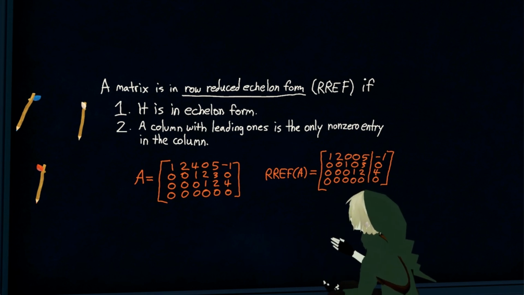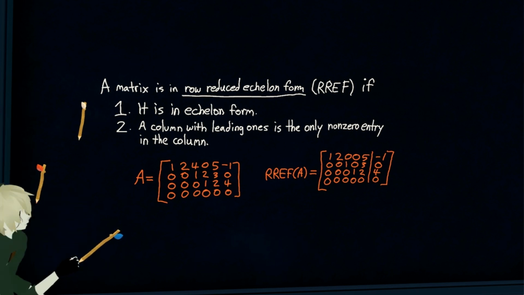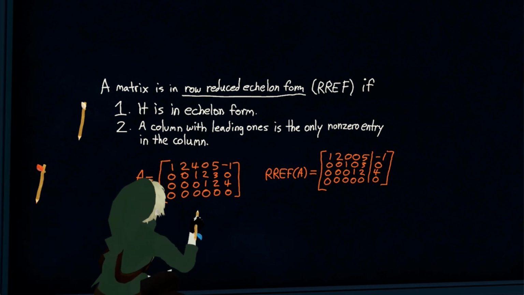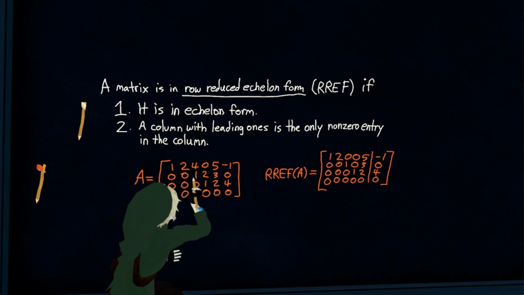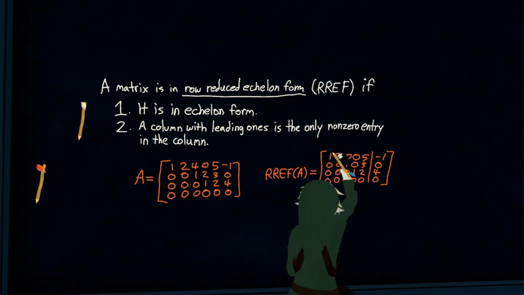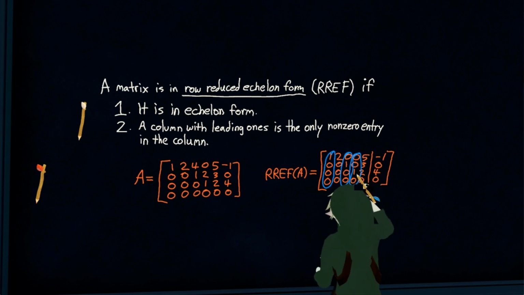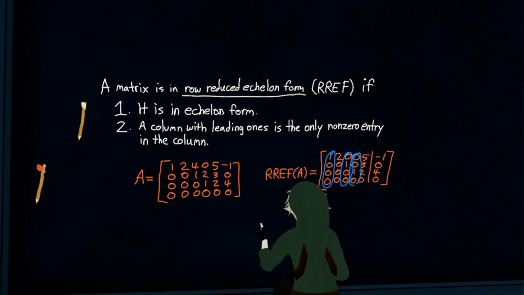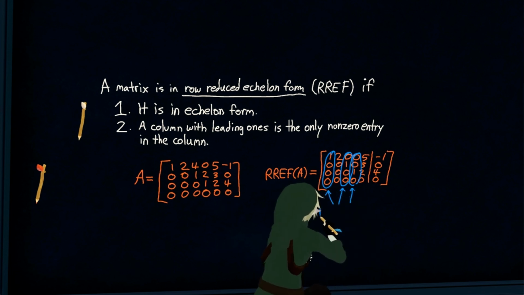Okay? In fact, we have a name for this as well. If you remember, this row starts with 1, this row starts with 1. These are called the leading ones. Here, 1 is lonely, 1 is lonely, and 1 is lonely. Okay?